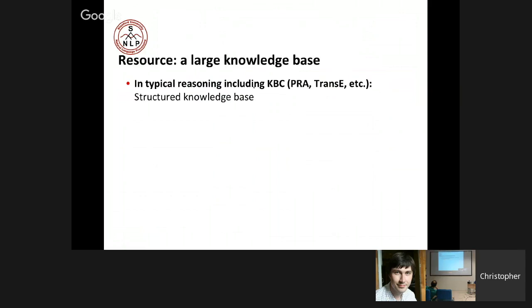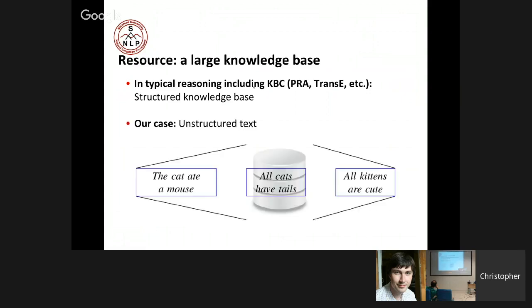So we're assuming that we have as a resource a large knowledge base. And in many contexts, people assume that that large knowledge base is a structured, formalized, logical knowledge base. But in our case, we're just going to assume the knowledge base is pieces of text that we found around the world. So we read sentences somewhere of a cat ate a mouse and that all cats have tails and all kittens are cute.